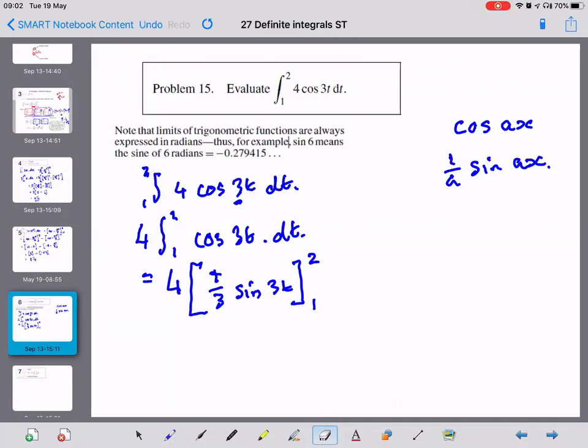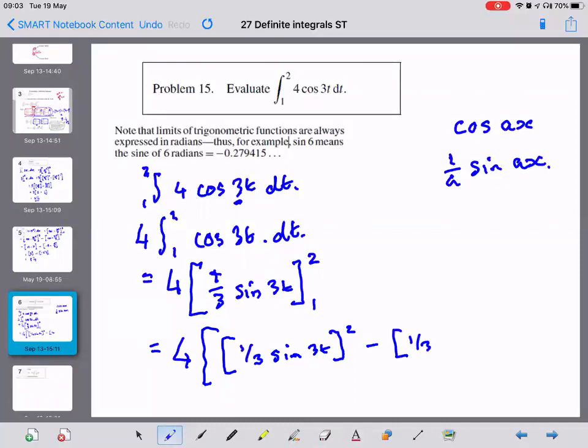All right. So it's equal to 4 times a third sine 3t, and t is 2, take away a third sine 3t, and t is 1.